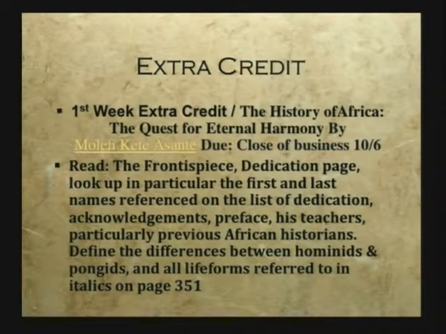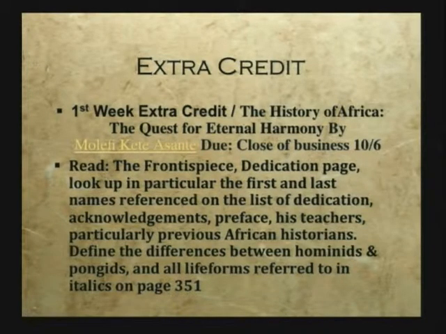So just to explain the first week extra credit piece, the history of Africa, the quest for eternal harmony. Even though it says close of business 10/6, that was from when we were going to be running in fall. It's actually close of business a week from today, which is 5 o'clock on January 14th, just before Martin's birthday.